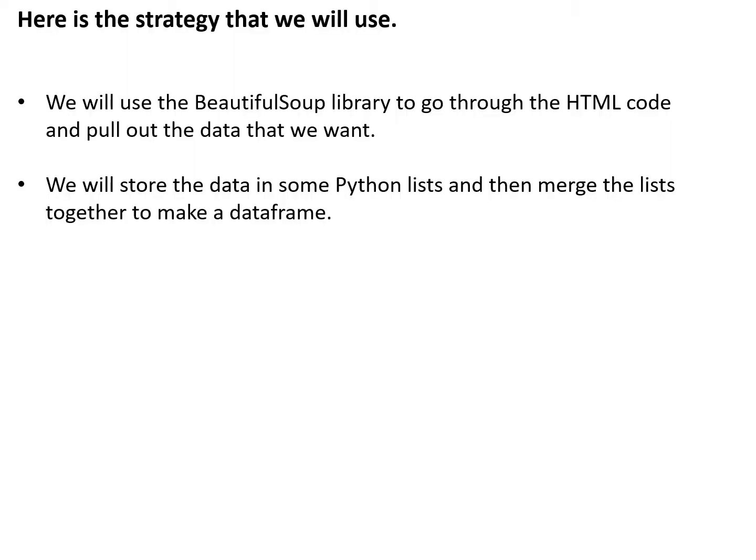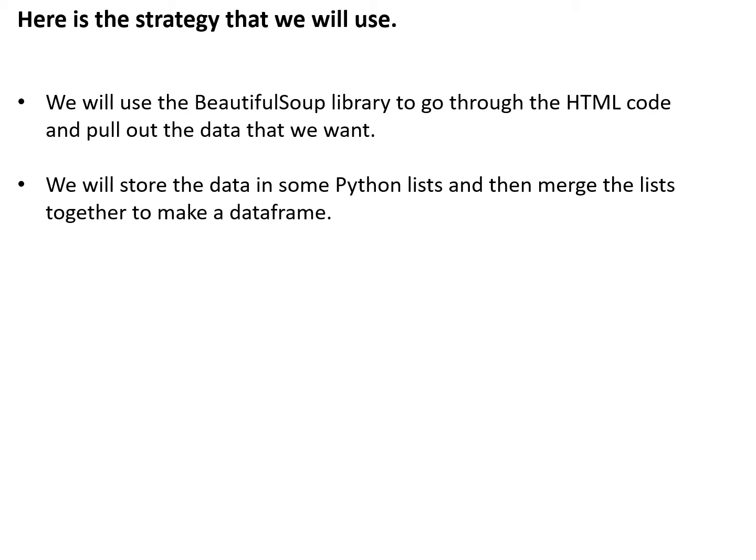Okay, so here's what the strategy is going to be. We're going to use the Beautifulsoup library to go through the HTML code and pull out the data that we want. And we've just talked about how we would be able to know where that data is. We look for which tags that data is in.